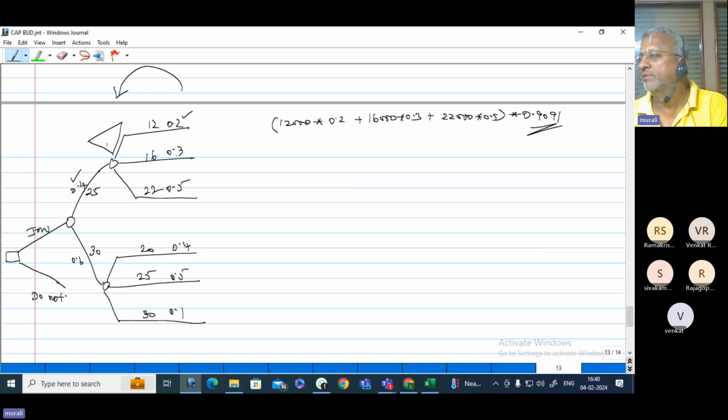Is that okay? Say yes or no. All of you, are you understanding what I'm telling? So I am multiplying this with year number 1 PV factor because I am not taking it to year 0, I am taking it to year number 1.